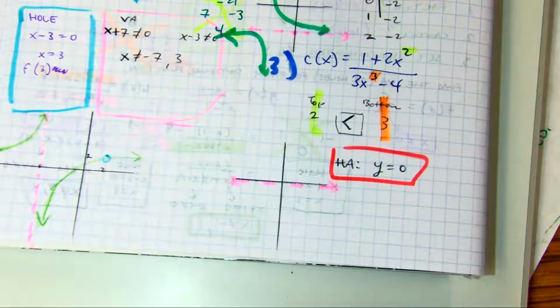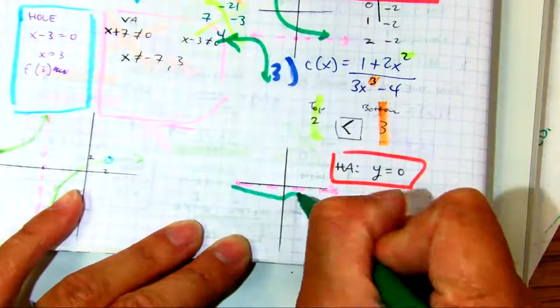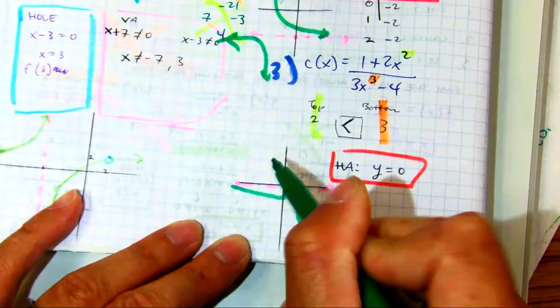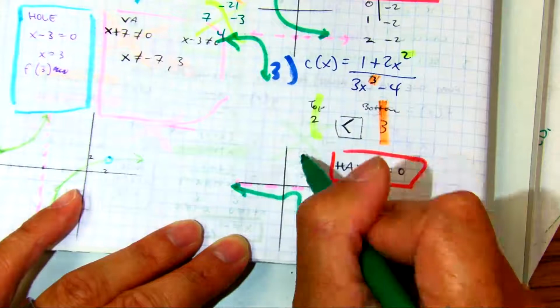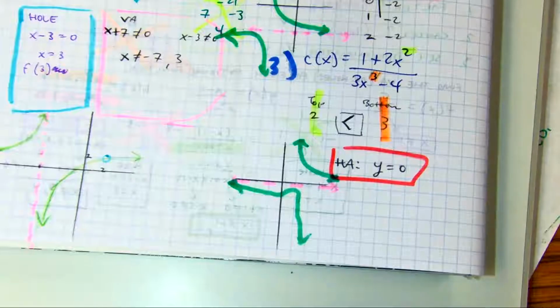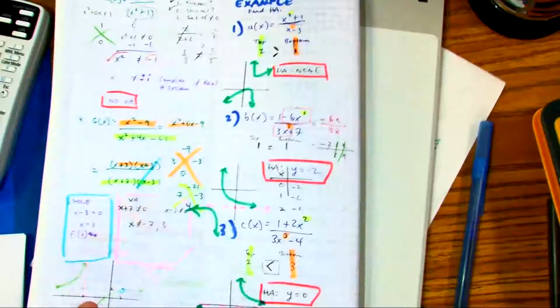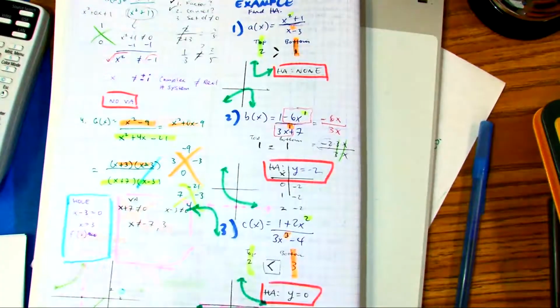And the graph might look something like this. Okay? So all you have to do in horizontal asymptotes, do you have to factor, class? No, all you have to do is look at the degrees and compare them, and it tells us what kind of horizontal asymptote we're going to have.